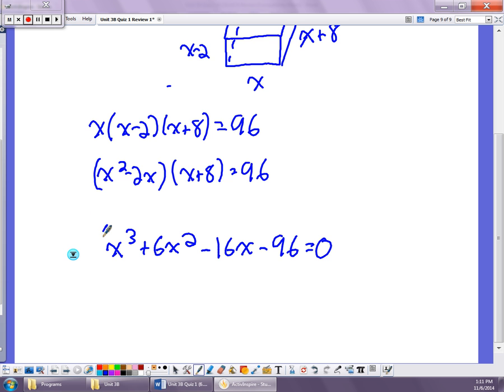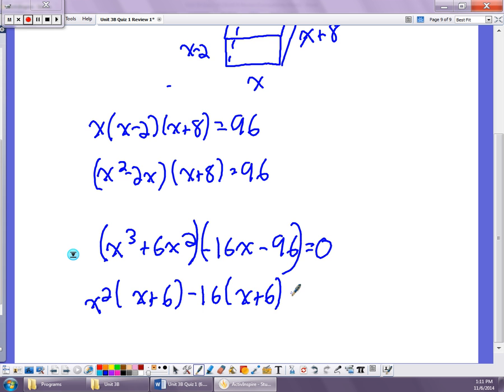That gives me 4 terms, which I like because I can factor by grouping. So then I can factor out x squared from here. I get x plus 6, factor out a negative 16, x plus 6. So I'm left with x squared minus 16 and x plus 6.